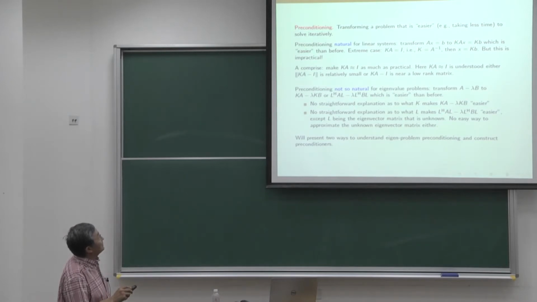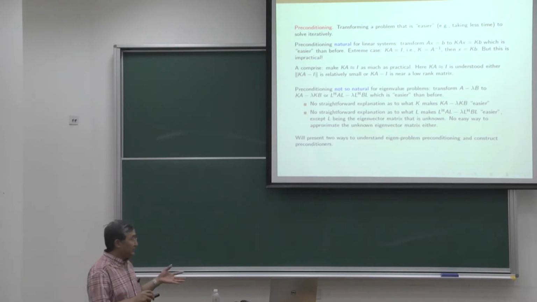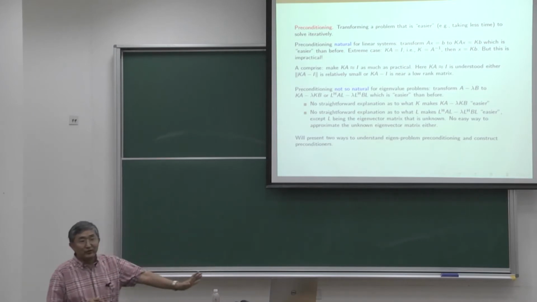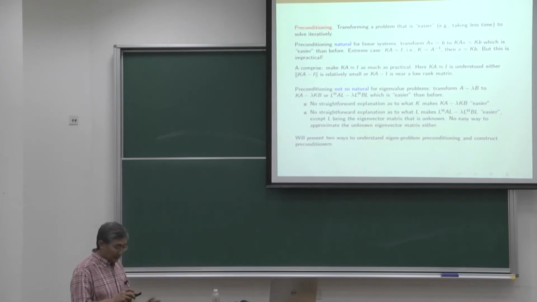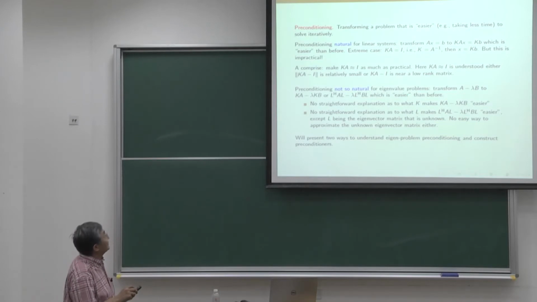So K is non-singular. Then you look at the extreme case. Normally you can't achieve it, but it's going to be helpful. You look at how far we can push to the extreme case, which is the simplest. If K equals A inverse, then KA will be the identity, and you have the solution right away.